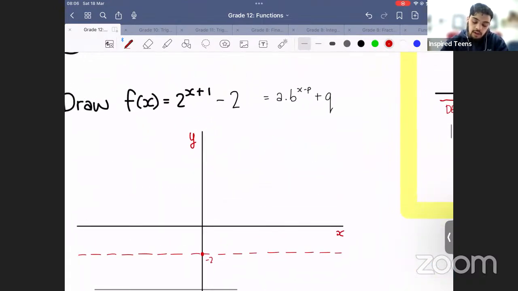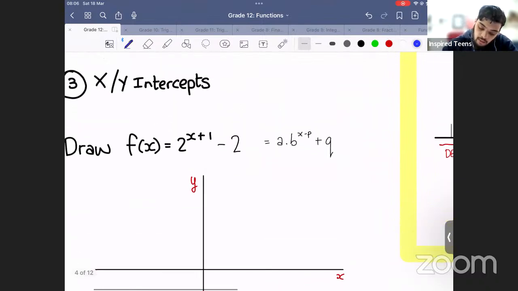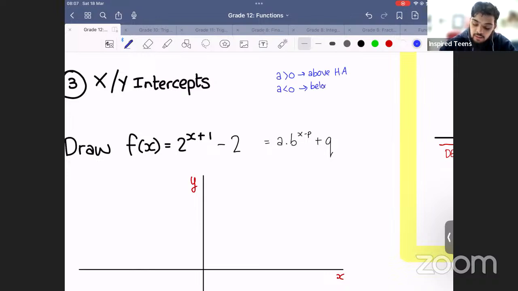Remember, when a is greater than 0, it's above the horizontal asymptote. When a is less than 0, it's below the horizontal asymptote.